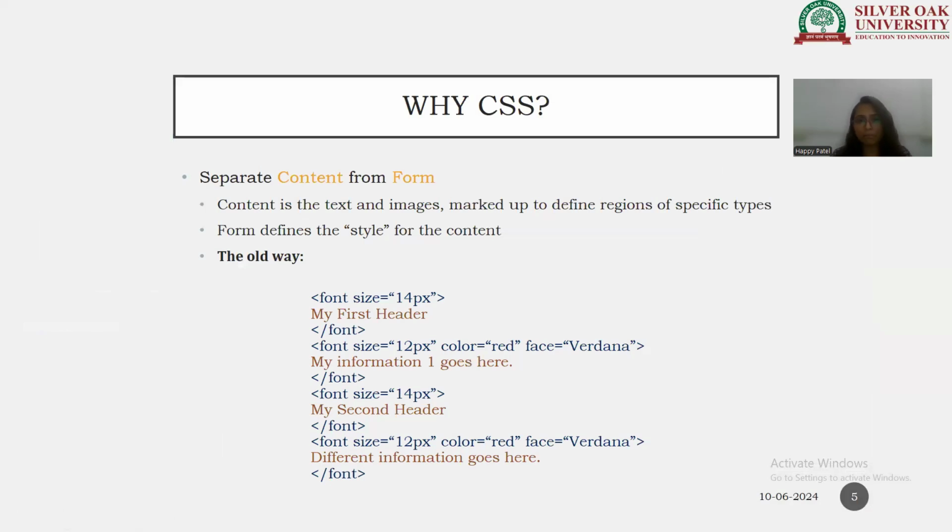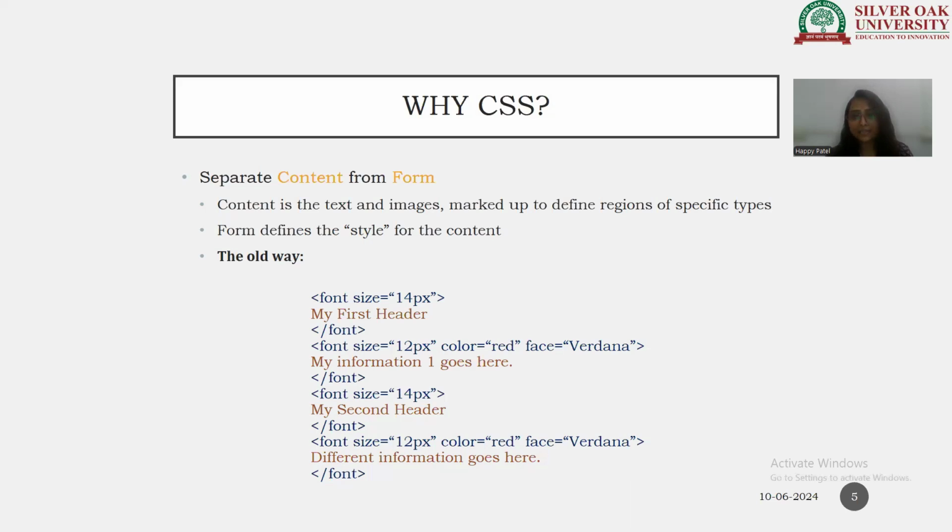Why CSS? One of the most important reasons is that in today's world, creativity is one of the most important things, right? Your website should look creative, should attract the targeted customers, correct? So first and foremost is to separate content from your web form, correct?